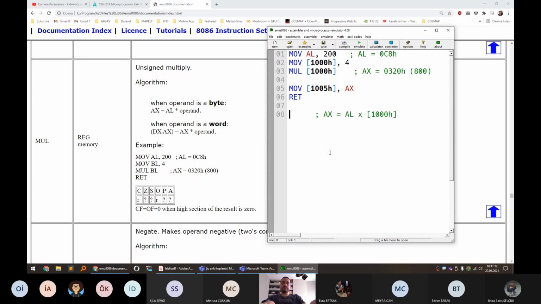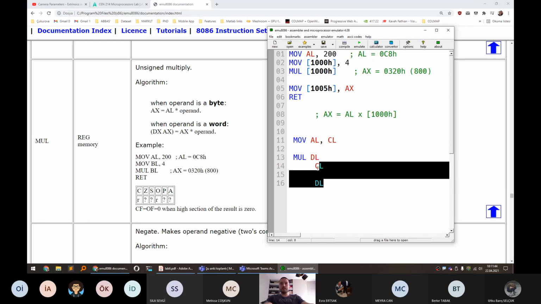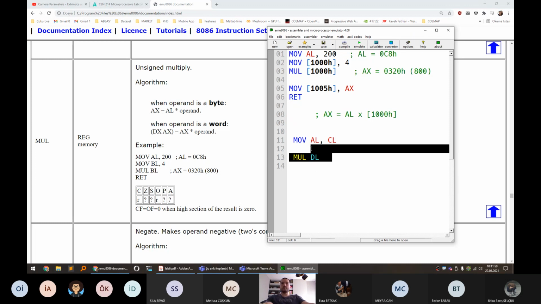So for example, when you want to multiply CX with DX, you have to use a medium, which is AX. Or CL and DL: you have to put one of them in AL and multiply by DL. This is the multiplication of CL with DL, and the result will be in AX.